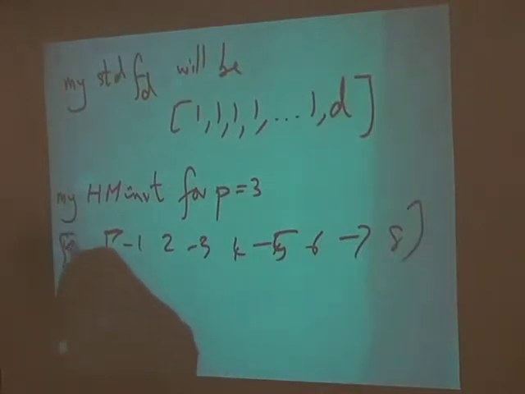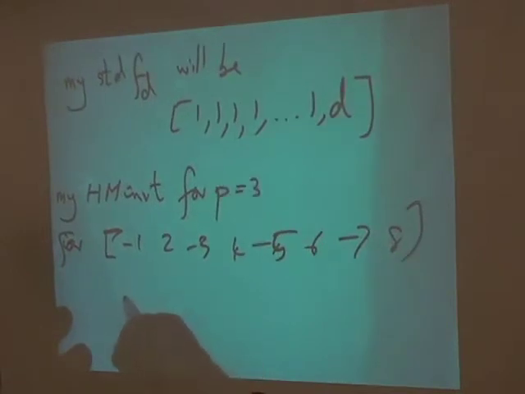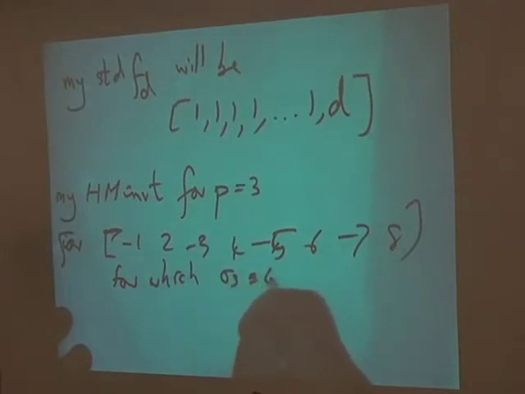Let's say 4, that is, do you remember what I got here? Let's just say for which, I don't want to work it out again, the 3 signature is congruent to 4.